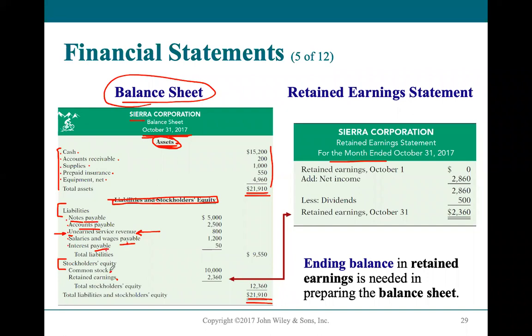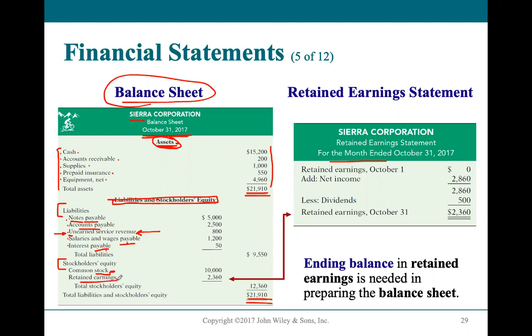And then common stock. Common stock is a type of account. The specific account, common stock, represents common shares of ownership. The word stock simply is synonymous with shares of ownership. So if you have a share of ownership, you have a share of common stock.